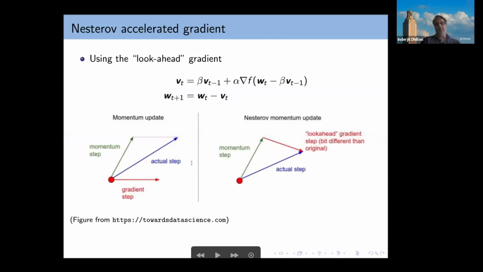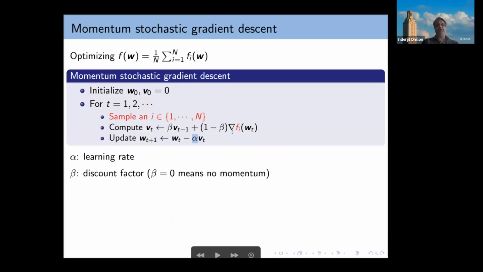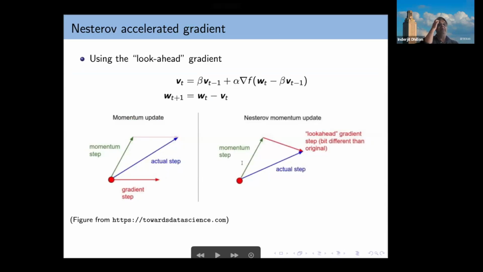Then there is another notion, which is, hey, I always take the gradient at Wt. Can I actually take a gradient at some other point? That is what is sometimes called Nesterov accelerated gradient.